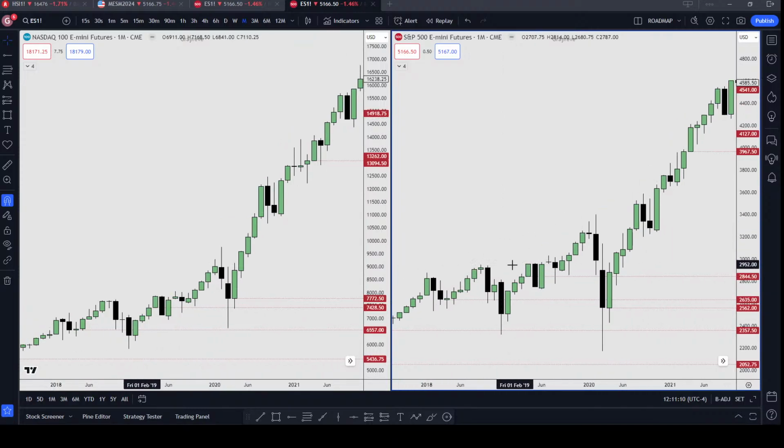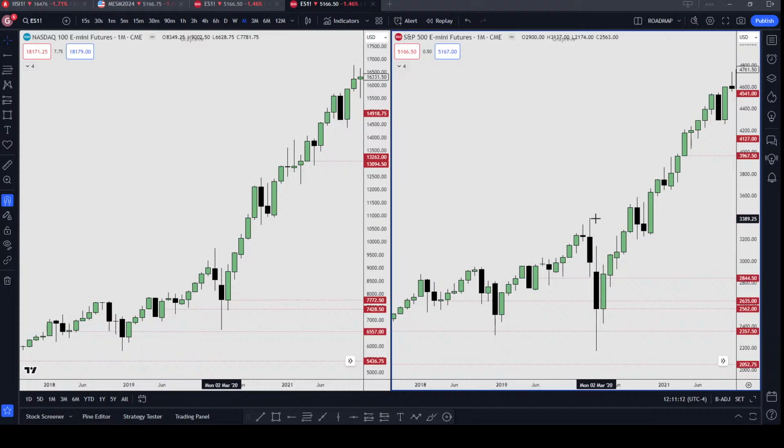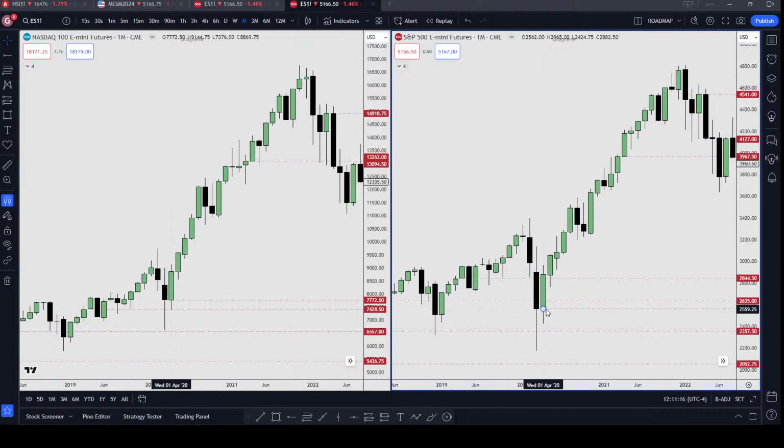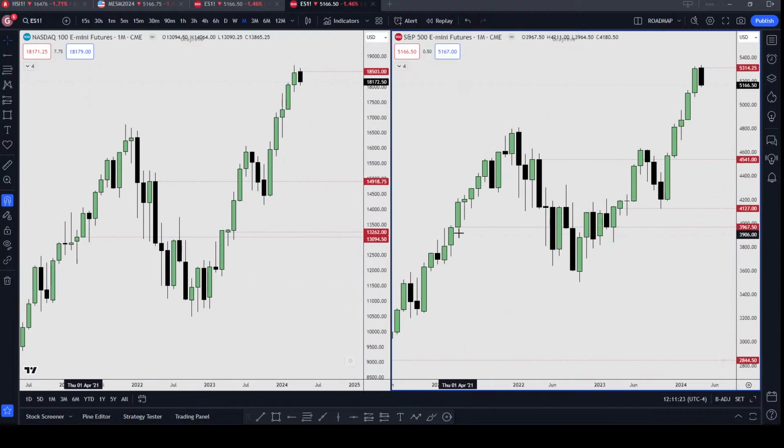Took out all-time highs again, equal highs, and then came back down again. And then for this year, this basically is the only month, 1 and then rally. Right here we didn't even have the opportunity to enter long. So for S&P, right, for Nasdaq you have an opportunity right here. So 1, 2 rally, 1 rally.